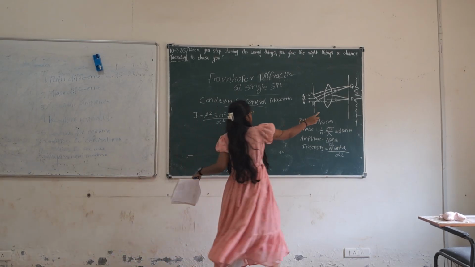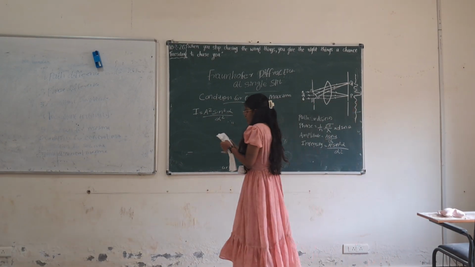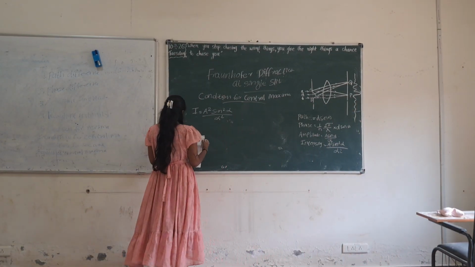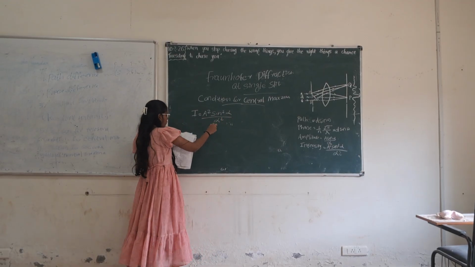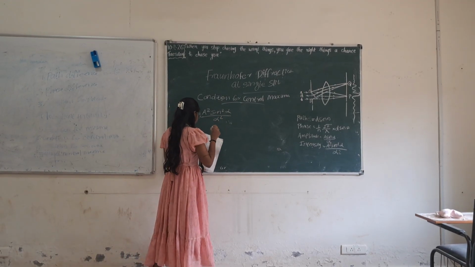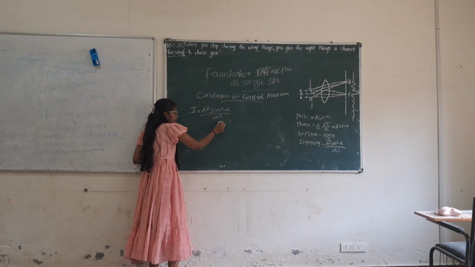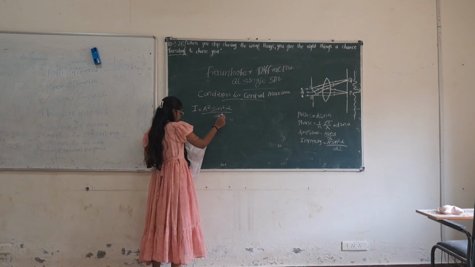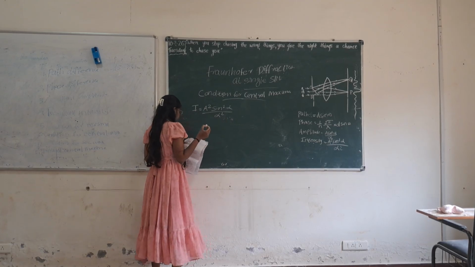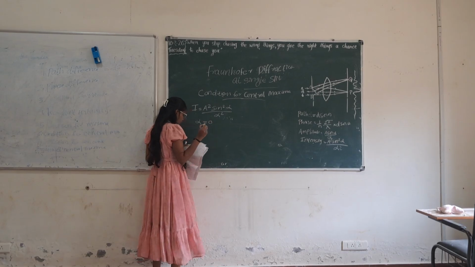We want the central maxima at the point P, so I must be maximum. For getting maximum, the denominator must be less, so the denominator alpha is equal to 0.